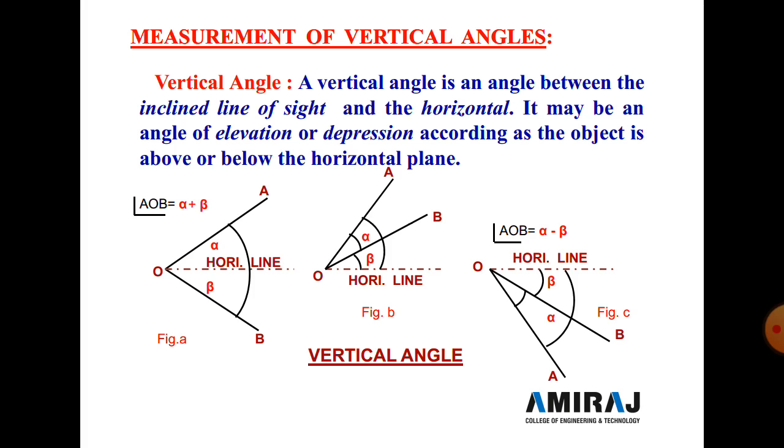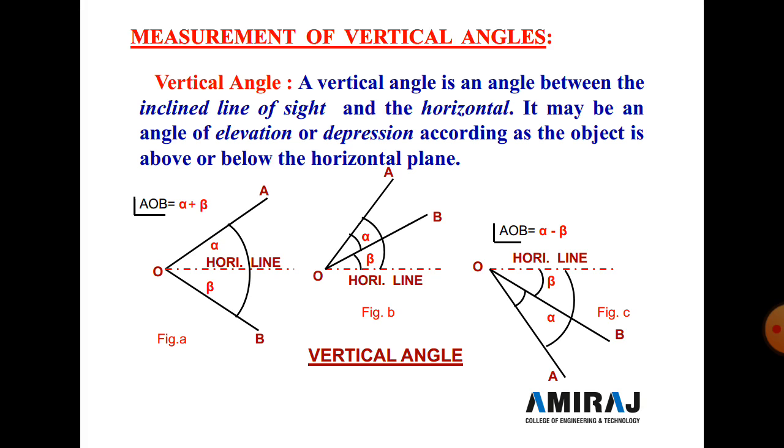All the angles above the horizontal line of sight are positive, meaning all the angles are in elevation or an upper direction, and all the angles below the line of sight, this side, are known as depression or negative angles.